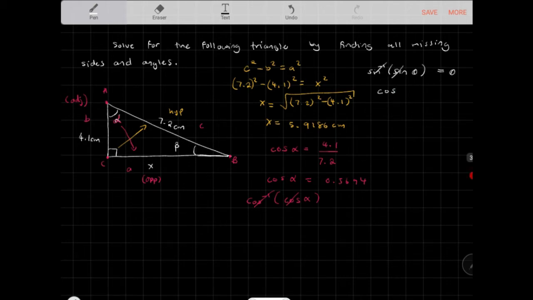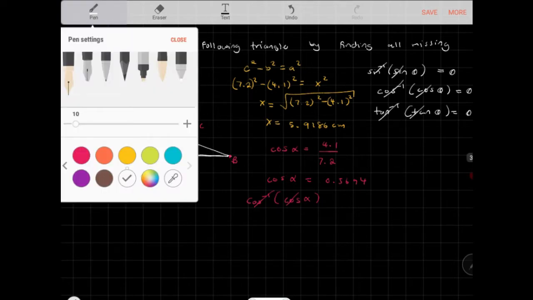If you do cosine inverse of cosine theta, you basically get theta because the cosine and the cosine inverse cancel out. And if you do the tan inverse of tan theta, you basically also get theta. So the inverses just cancel out the ratio. In this case, cosine inverse of cosine alpha will give us alpha.